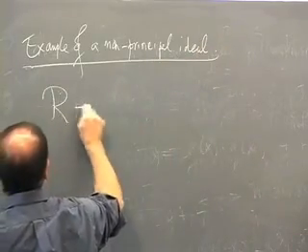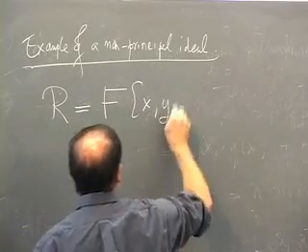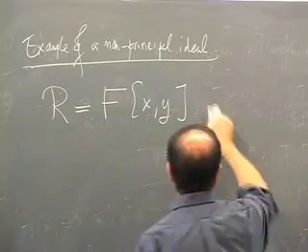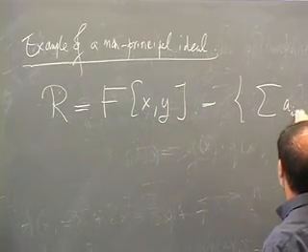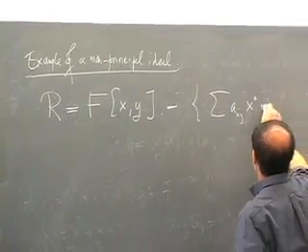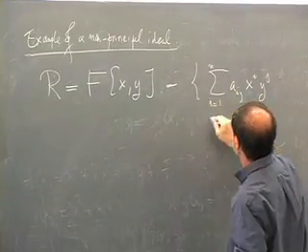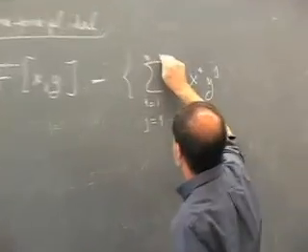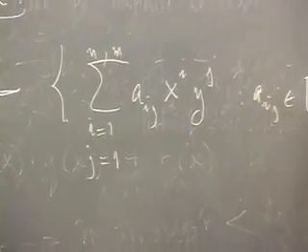Take the ring R, which is polynomials over a field, but in 2 variables. So these things are all the things of the form the summation of a_ij x to the i, y to the j, i equal to 1 to n, j equal to 1 to m, where the a_ij are elements in the field.